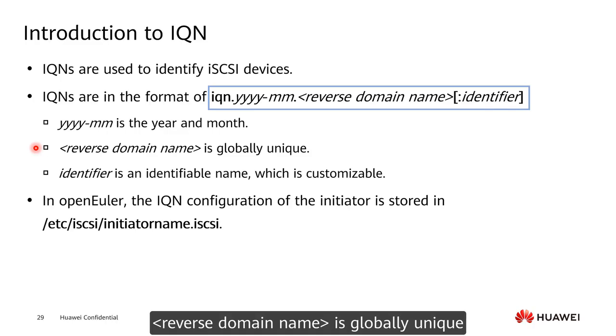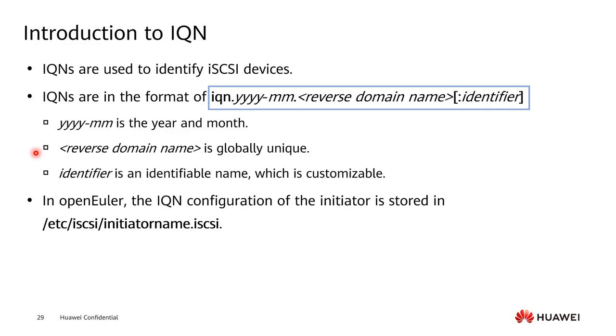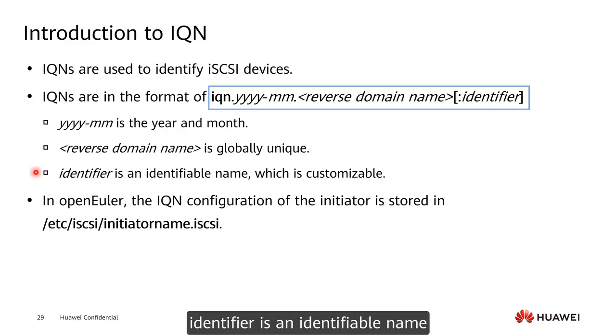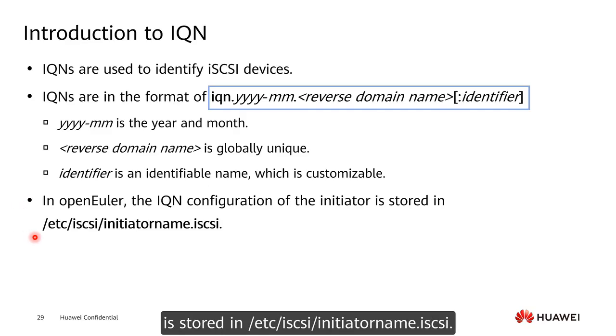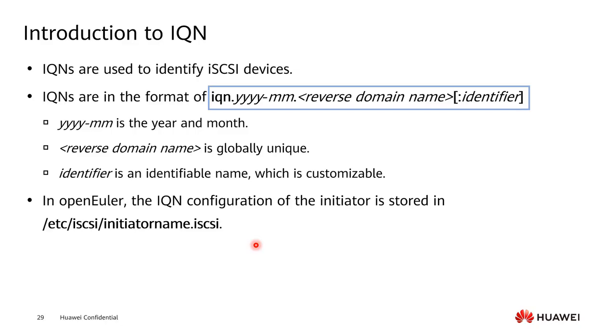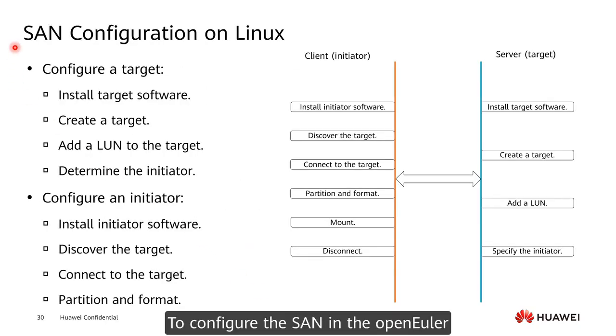The reverse domain name is globally unique, and the identifier is an identifiable, customizable name. In openEuler, the IQN configuration of the initiator is stored in the /etc/iscsi path, in the initiatorname.iscsi file.